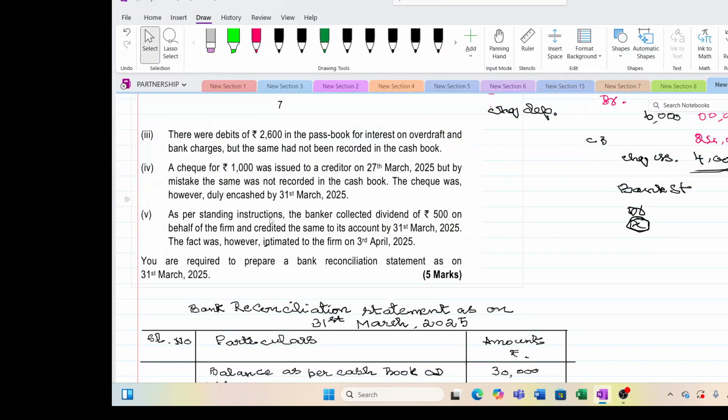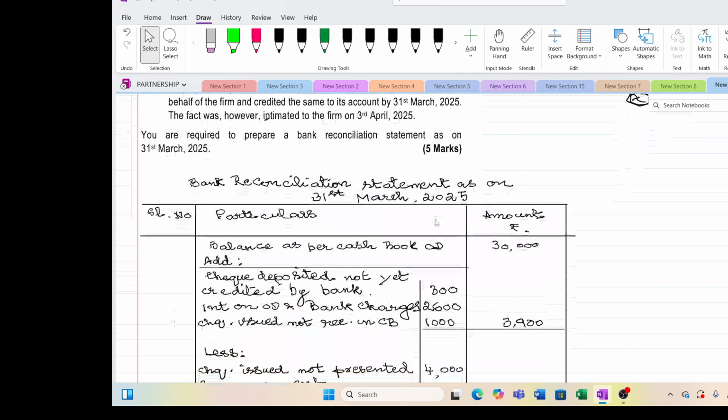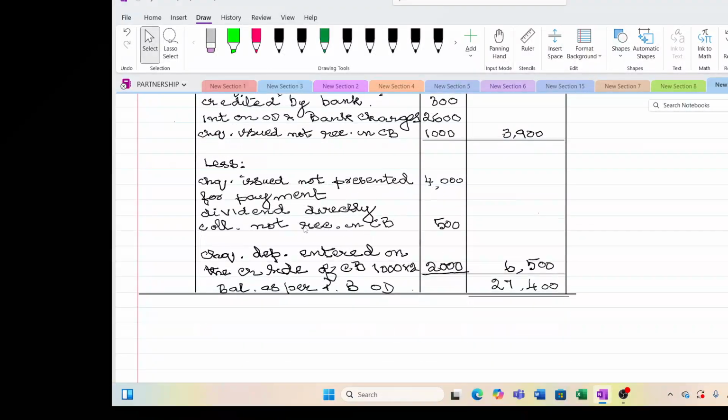Now coming to the last point, as per standing instructions, the banker collected a dividend of 500 rupees on behalf of the firm. So on behalf of the firm, 500 is collected. The moment the money comes inside, bank will credit it and our overdraft will come down. So you have to reduce it. Less dividend directly collected, not recorded in bank.